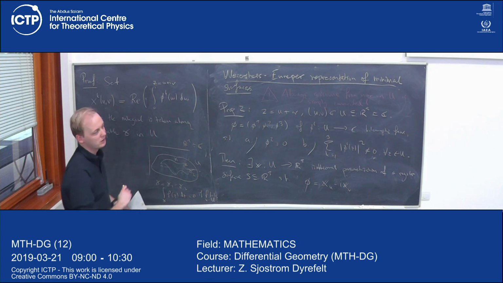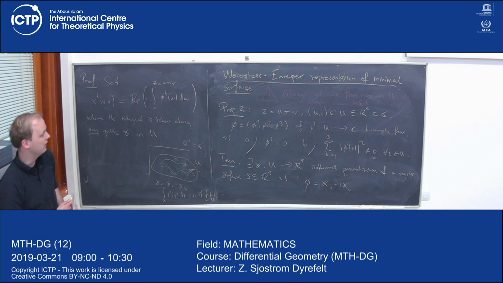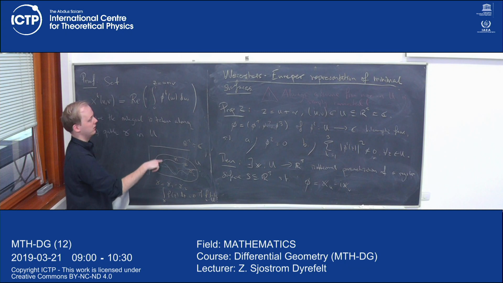So I always assume that U is simply connected, and then we can define this integral in this way. This notation means the integral along gamma of this holomorphic function, where gamma is any path from 0 to z lying inside of U, and because U is simply connected, the result is always the same. Okay?